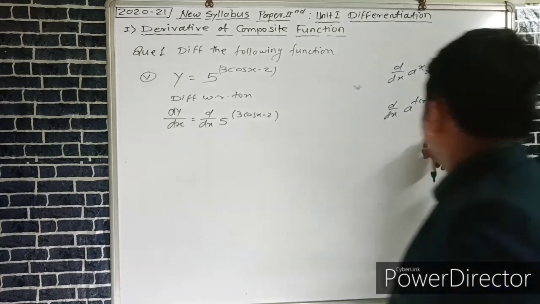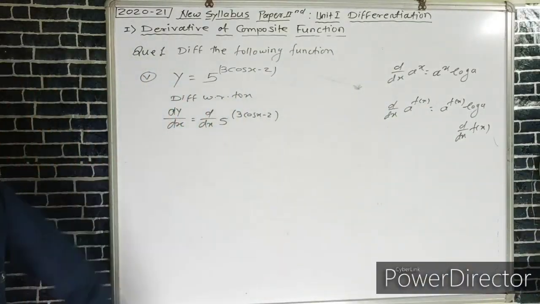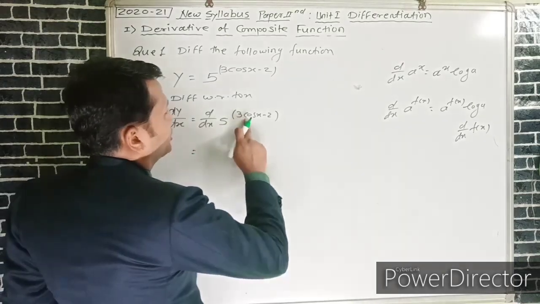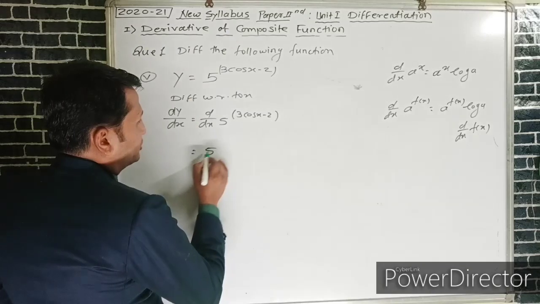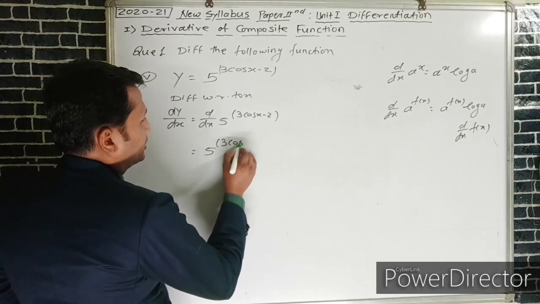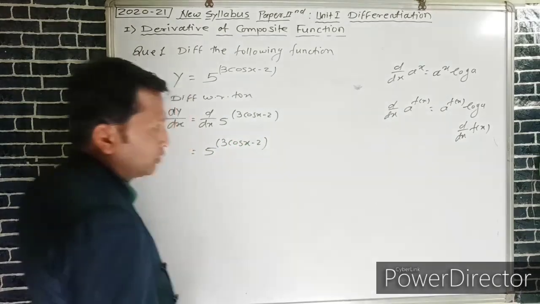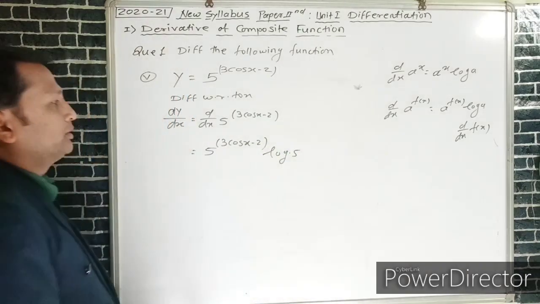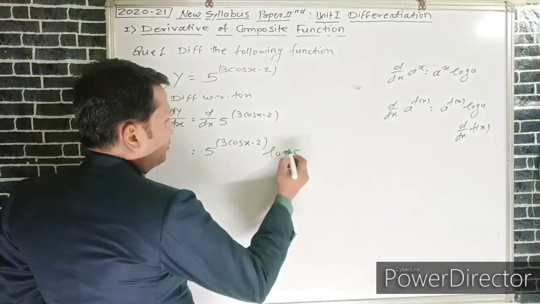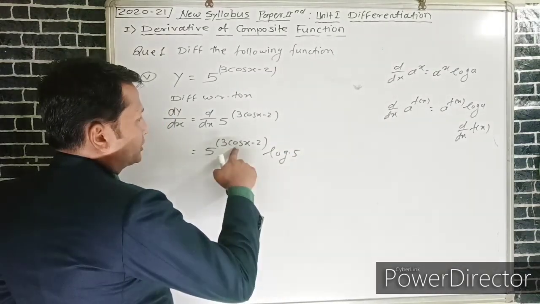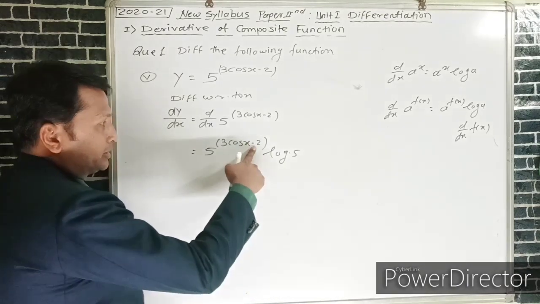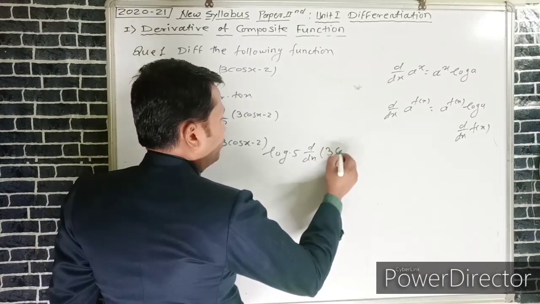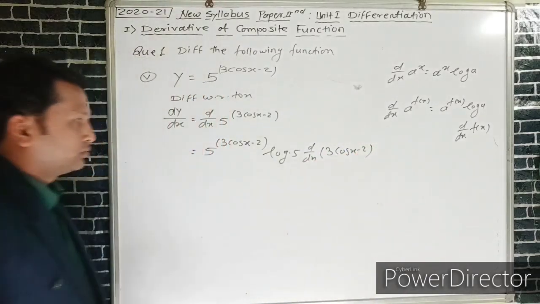If we apply this formula, the derivative of a to the power f of x, then we can write the derivative of 5 raised to the power 3 cos x minus 2 as 5 raised to the power 3 cos x minus 2 into log of 5. Since the given function is in composite form and 3 cos x minus 2 is the inner function, we take again the derivative of 3 cos x minus 2.